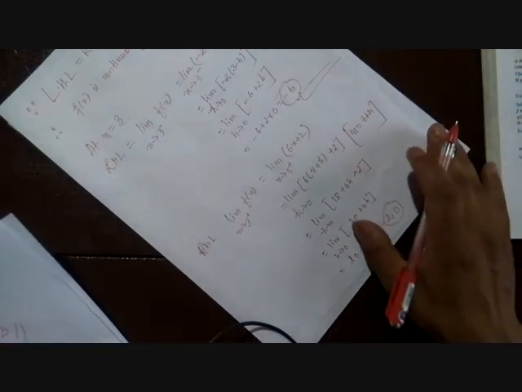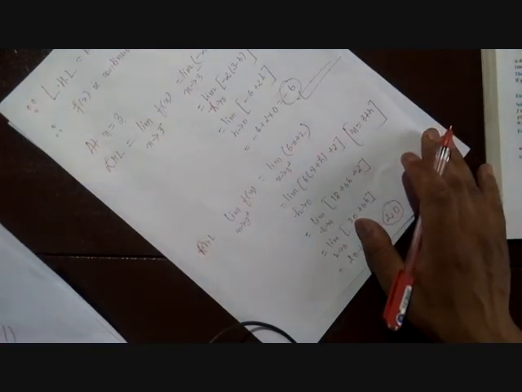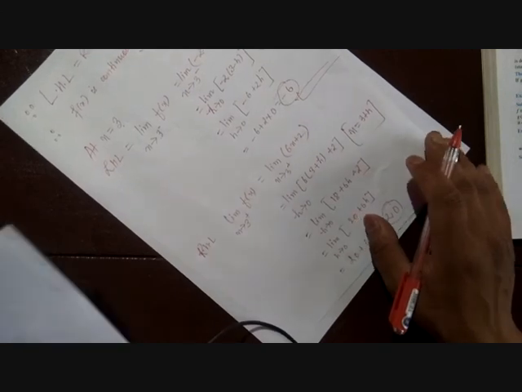That is your answer. So we found at x equals to minus 3 this is continuous, and at x equals to 3 this one is discontinuous, or we can say at x equals to 3 this one is not continuous.